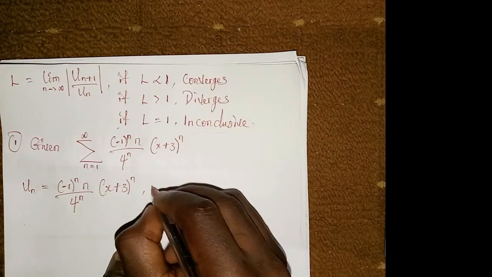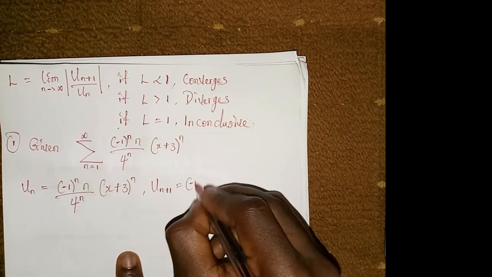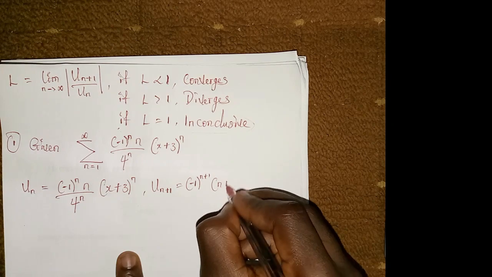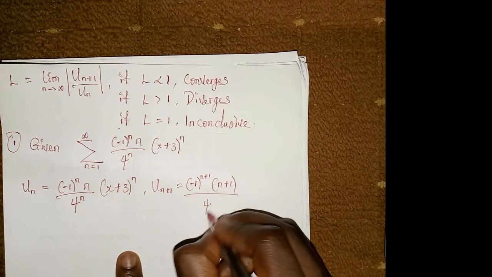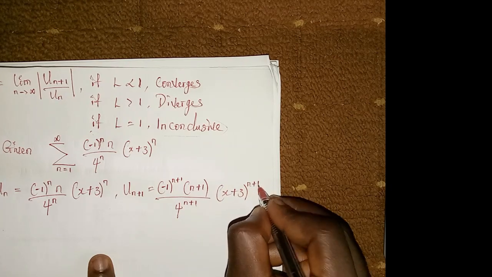Then we proceed by looking for u sub n plus 1, which will give us negative 1 raised to the power of n plus 1 of n plus 1 all over 4 raised to the power of n plus 1 and x plus 3 raised to the power of n plus 1.